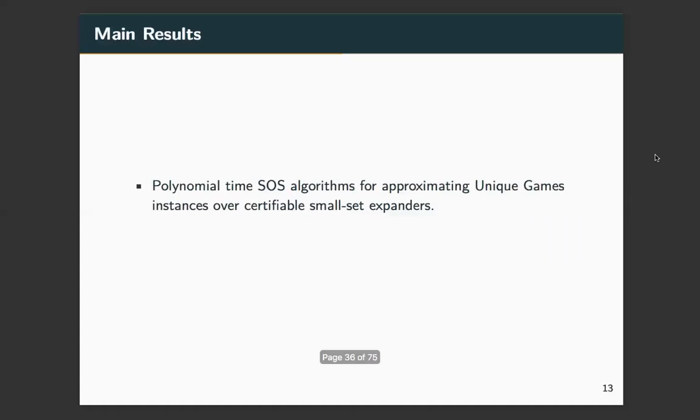Now I will elaborate on our main results. Firstly, we give polynomial time SOS algorithms for approximating unique games instances over certifiable small set expanders. Note here that this is not for all small set expanders, which would refute the SSEH, but only for certifiable small set expanders.